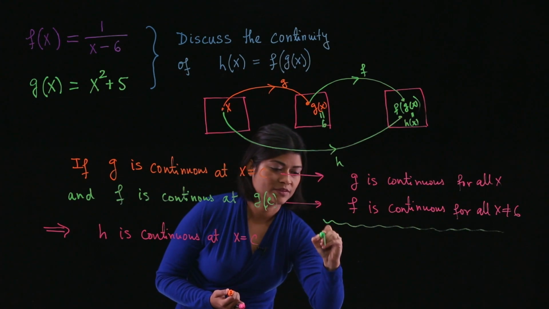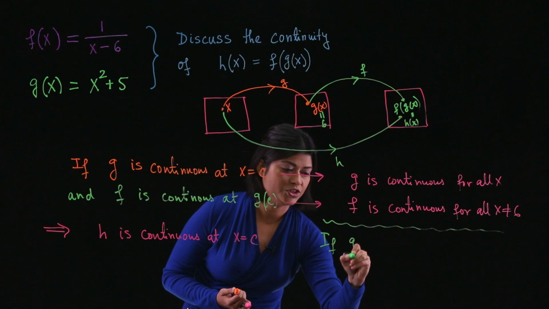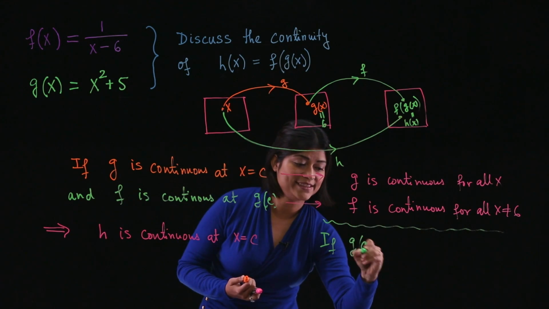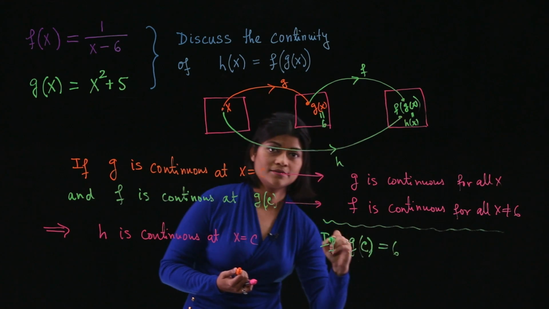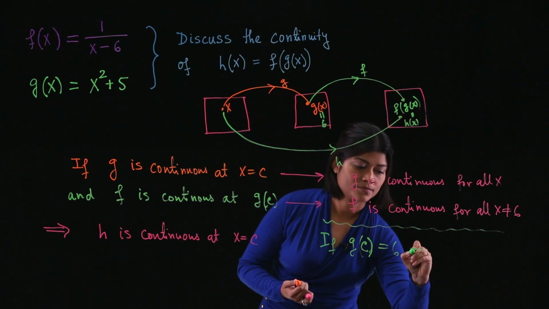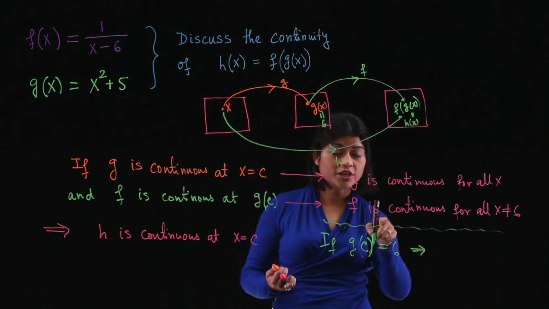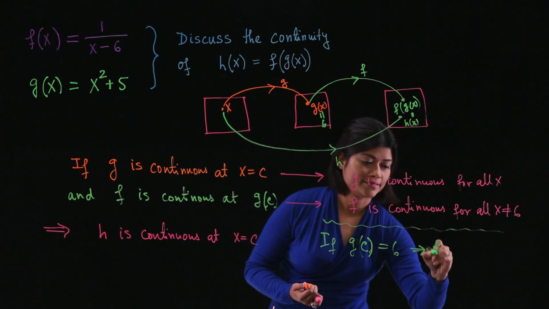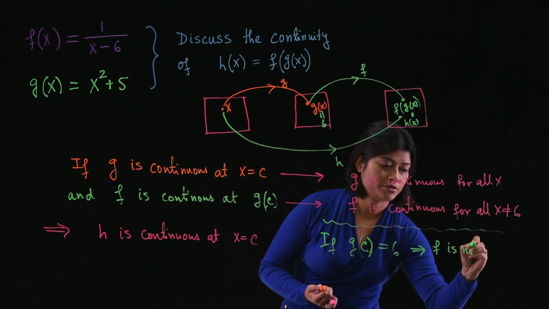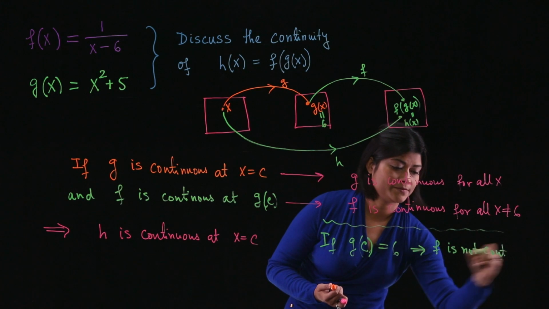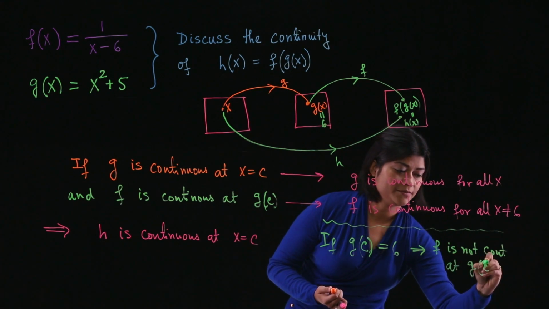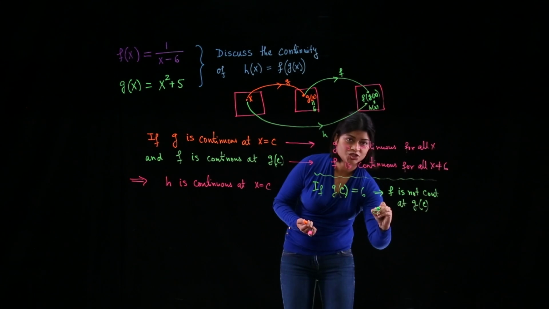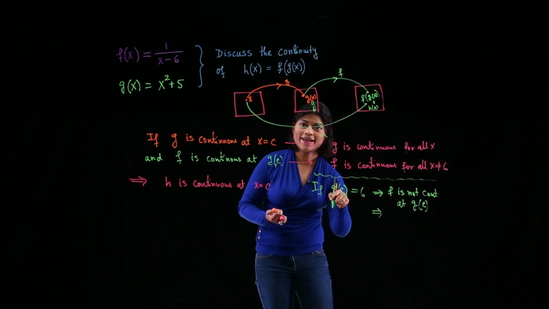If g of some value, say c, is equal to 6, then what happens? f is not continuous there. f is not continuous at that g of c, which means h is not continuous at that c.